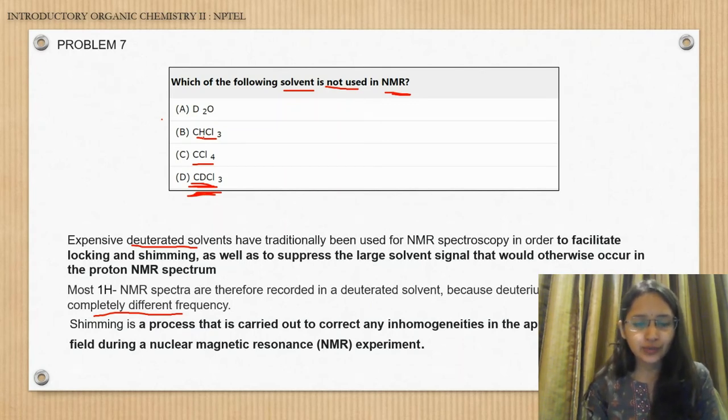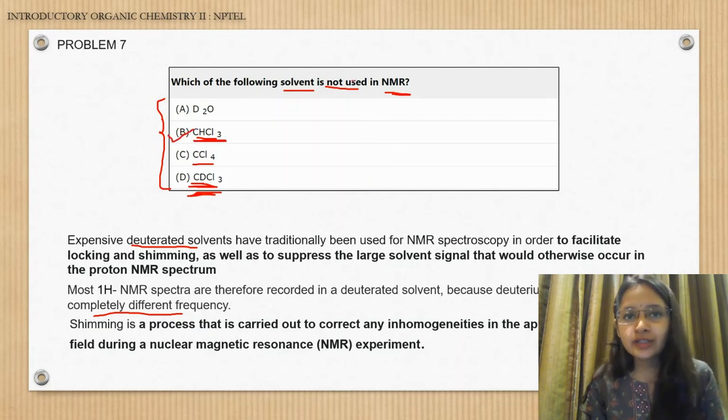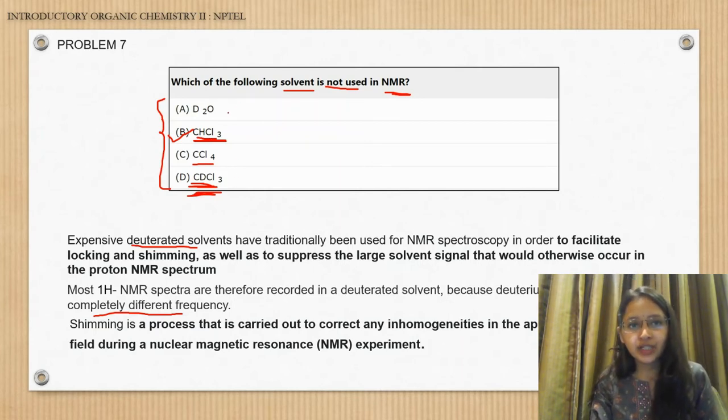So if no one knows, does anyone want to say something? Okay. All are deuterated solvents except this chloroform. So this is the correct answer, because the solvent which we cannot use is something other than the deuterated solvents. Of these, two are deuterated solvents and one doesn't have a proton to interfere.